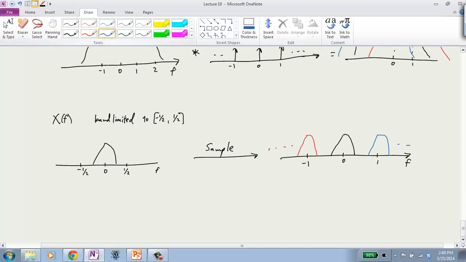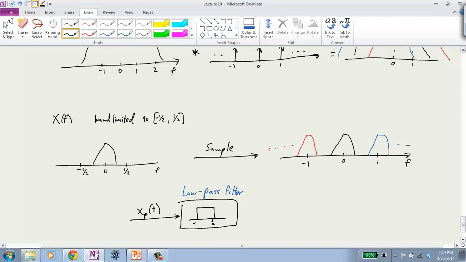Suppose now that we take our x_p(t), the sampled one, and we put it into a low-pass filter, something that we will talk more about, but you should know generally what this is. Let's make it have a cutoff of 0.5 and -0.5 and a height of 1.